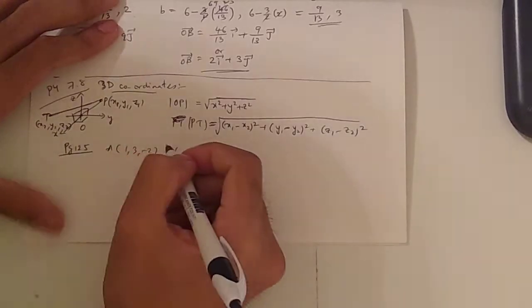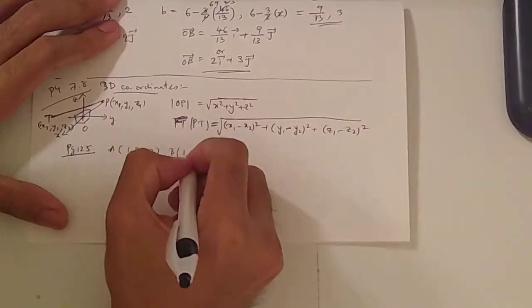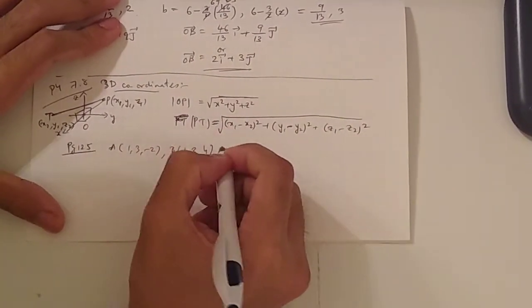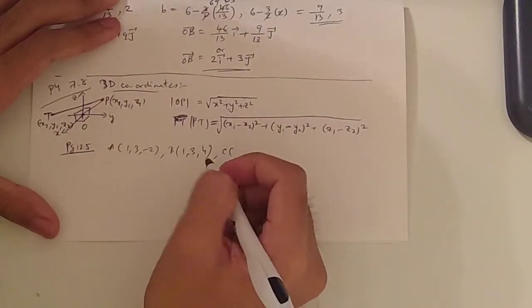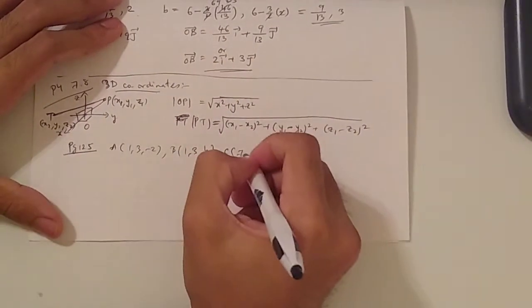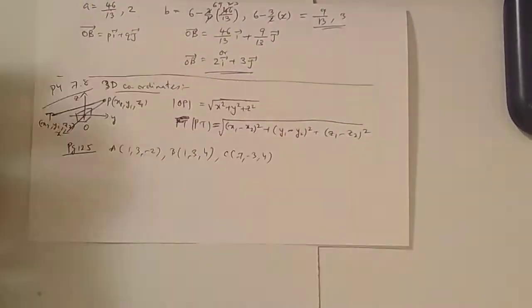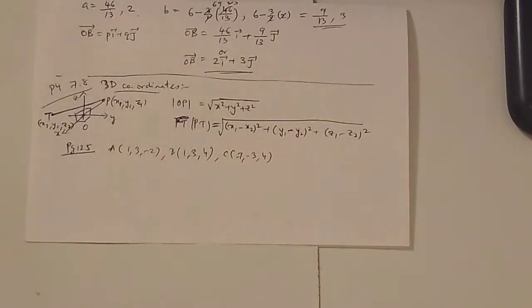B has coordinates 1, 3, 4, and C has coordinates 7, minus 3, 4. They are the 3 vertices of a solid cube, and we are asked to find the coordinates of the remaining vertices.